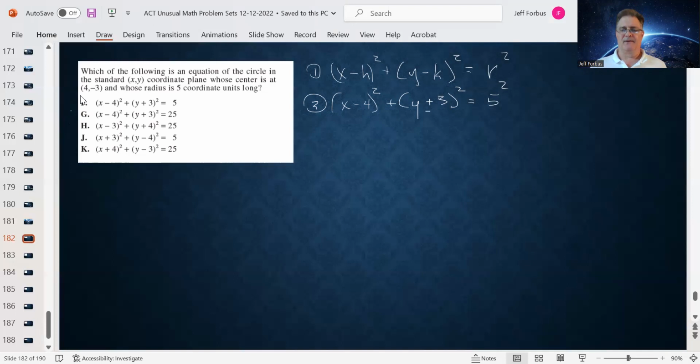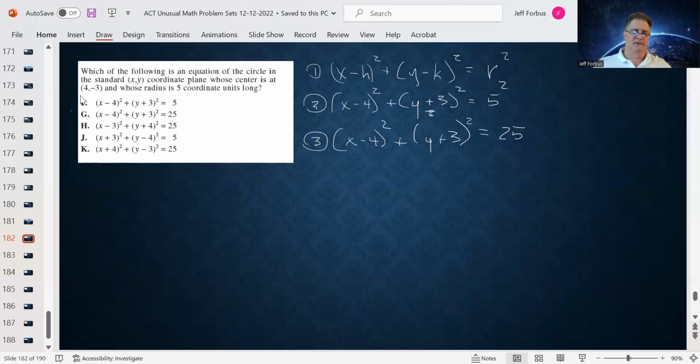So be very careful about that. A lot of people make mistakes right there. Okay, so we can finish this up real easy. X minus 4 squared plus y plus 3 squared is equal to 25.